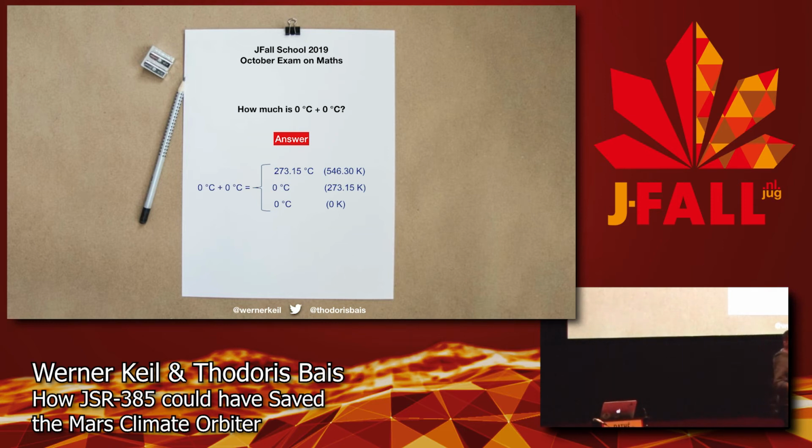And if you cannot answer that question for yourself, I can answer it at least for myself. So when I very first got exposed to the JSR 385, I couldn't even imagine that thing. But of course, sometime ago, I got to realize that there are a few peculiarities in the SI system which you need to take care of.